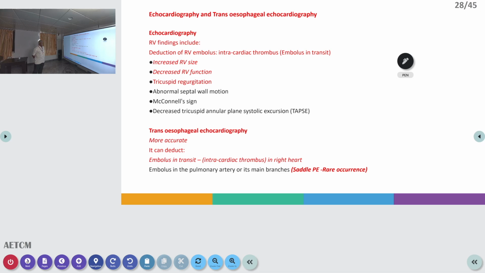It may detect even the main branch or saddle pulmonary embolism. Transesophageal echocardiography is also the modality under whose monitoring we do thrombolysis or non-surgical embolectomy.